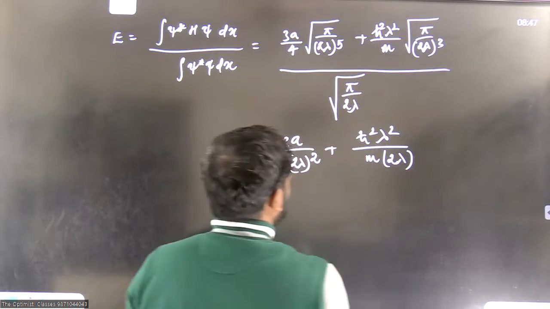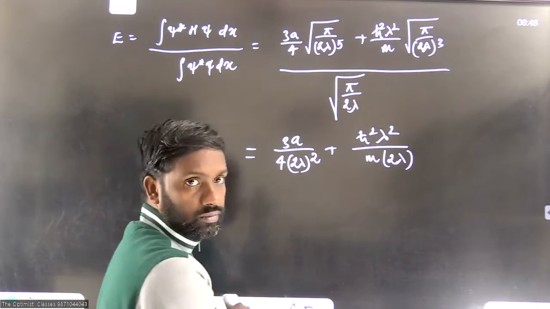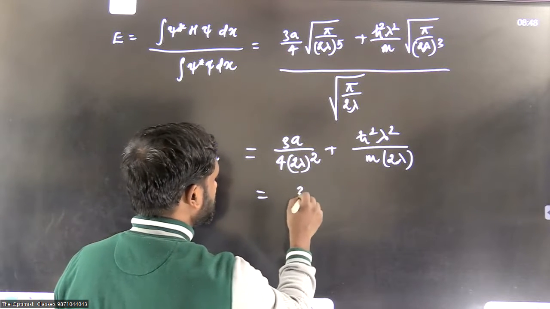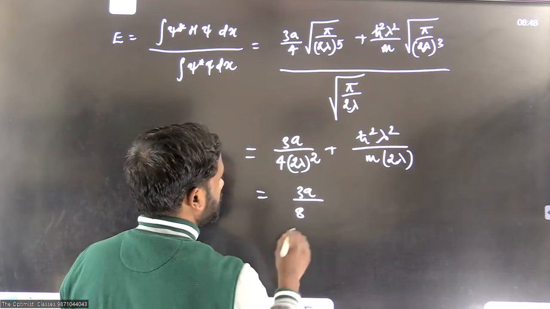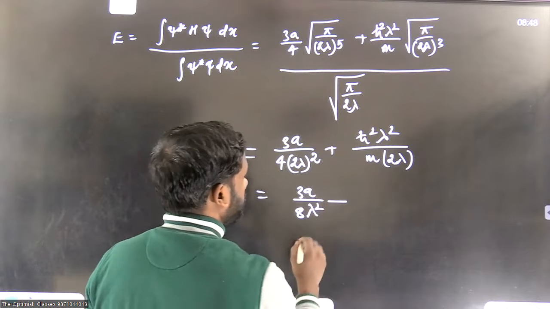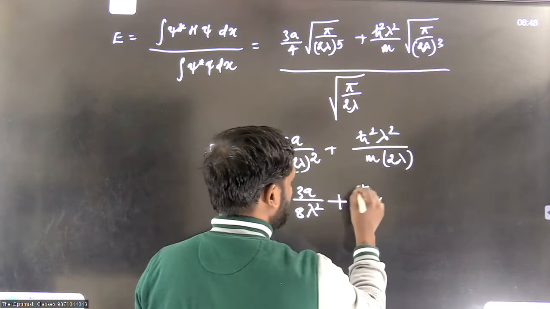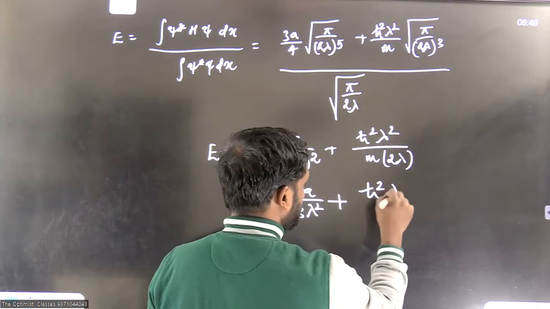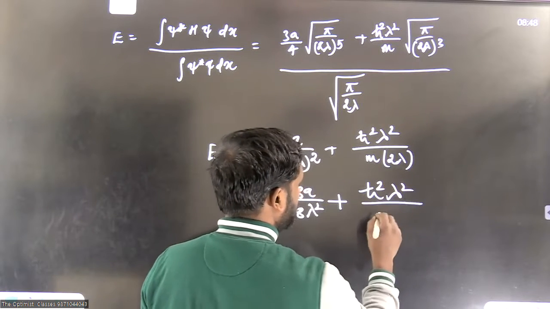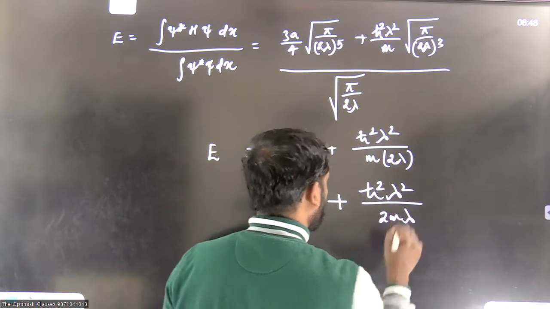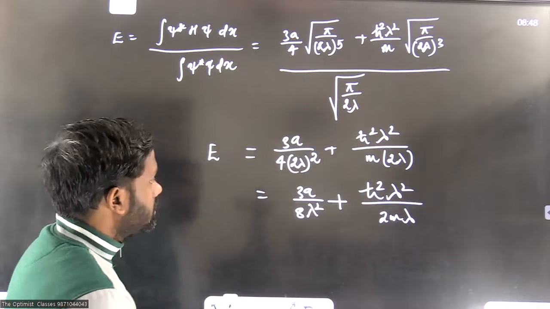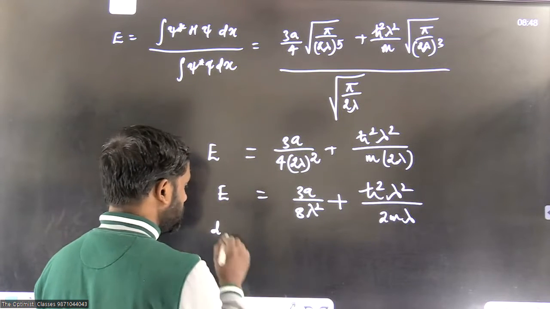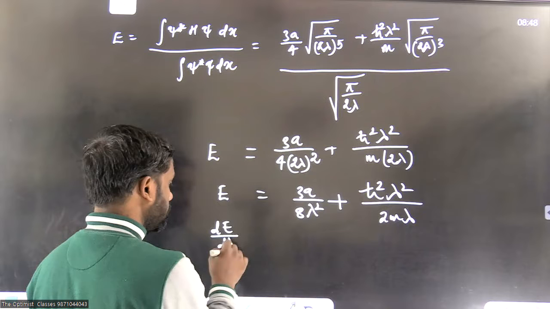Okay, that is energy. So let us minimize energy with respect to lambda. Here we have 3a divided by 8 lambda square, plus h bar square lambda square divided by 2m lambda. So let's minimize it with respect to lambda, so we want to put dE by d lambda equal to 0.